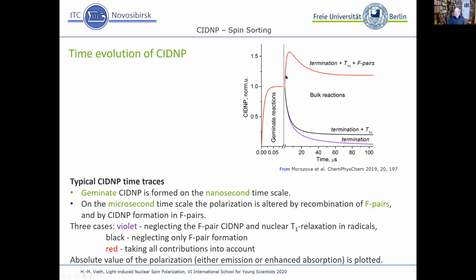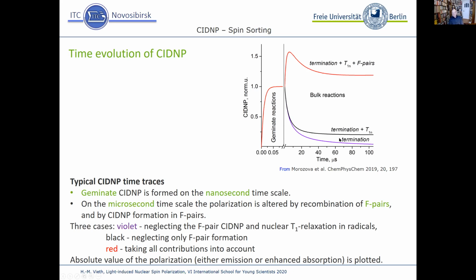And in the red curve, you see a contribution coming from encounters when the two molecules are in the T0 state and form similar polarization, the same polarization as in the geminate case. And the overall time evolution of CIDMP is given by the red curve.